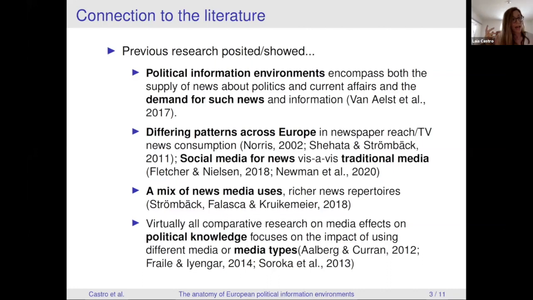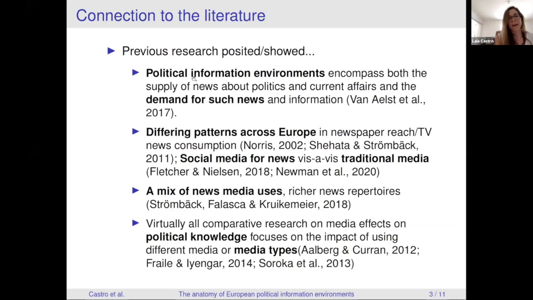But none of these strands of literature so far take into account the fact that people increasingly mix the use of different media, and that it is the mix that ultimately may matter the most for what people might learn.